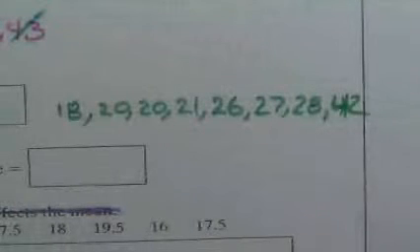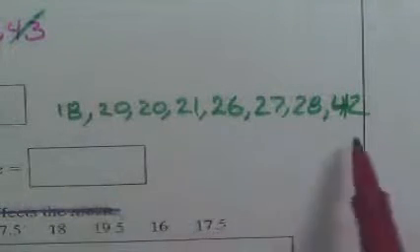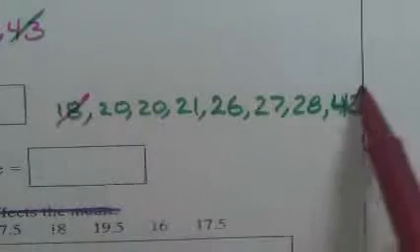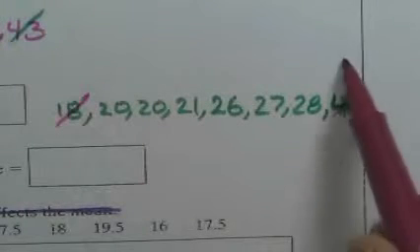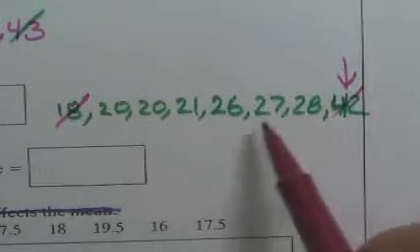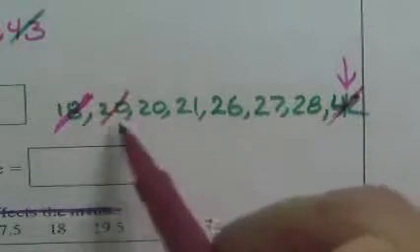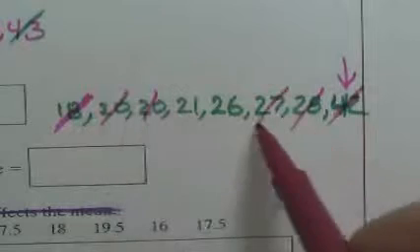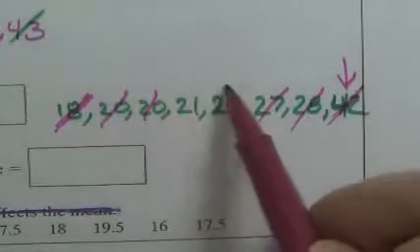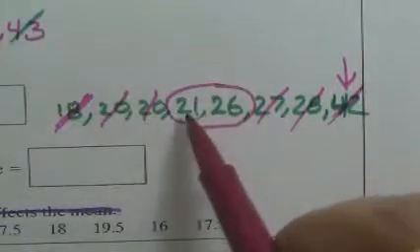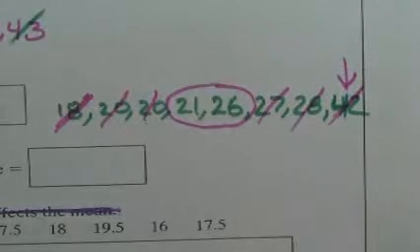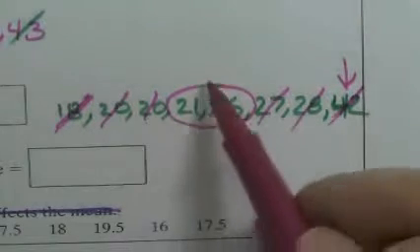If you put them in order, it would look like this. And if you went ahead to find the median, the middle. By the way, notice this outlier right here, 42. That's way above all the others. That's an outlier. So I cross off these two, then work myself in, trying to find the center. And look, I got two numbers in the center, 21 and 26. So you need to find the center of that.